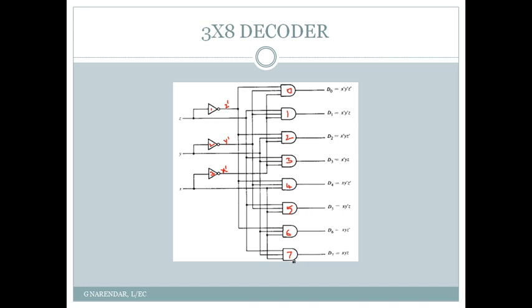For this we require an AND gate, and the inputs are X, Y, and Z. So X, Y, Z, three inputs are applied at the input of the AND gate, and the output produces the product of X, Y, Z, which is the function D7.